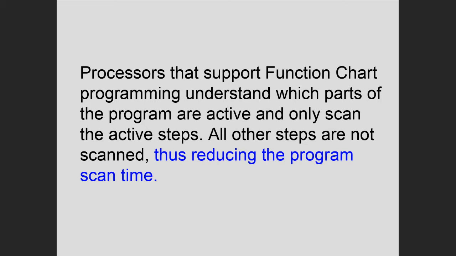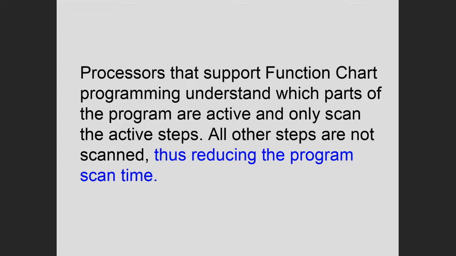The more instructions you have on a rung and the more rungs you have in the program, each of those instructions has to be scanned. And the more you have, the longer it's going to take to scan the entire program, which slows things down. Well, with function chart programming, the processors know what parts of the program are active and which are inactive.